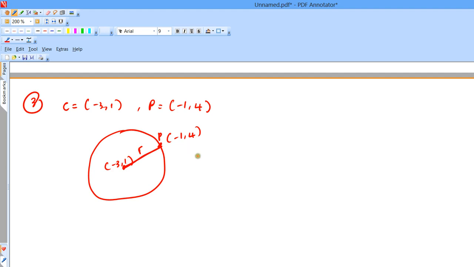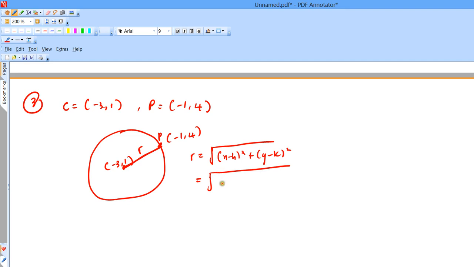So for the distance, we can use the formula: square root of (x minus h) squared plus (y minus k) squared.